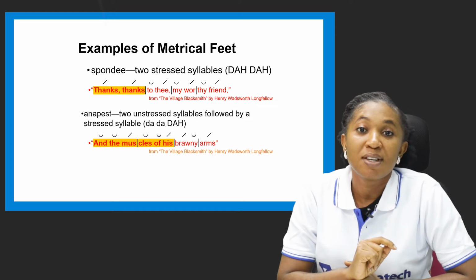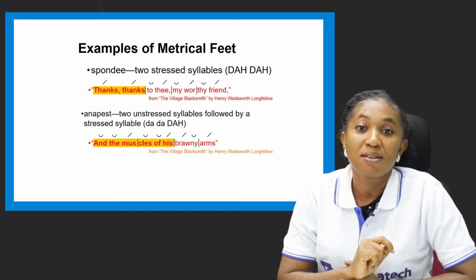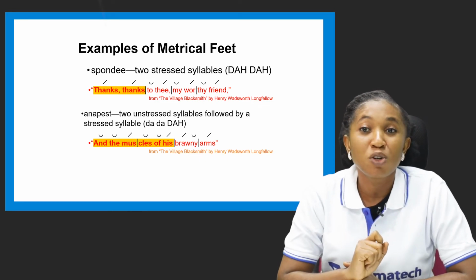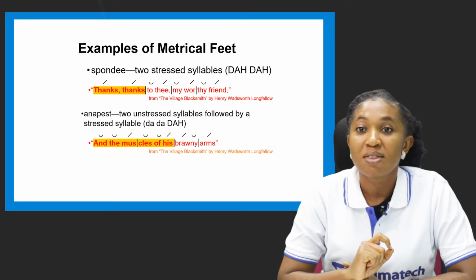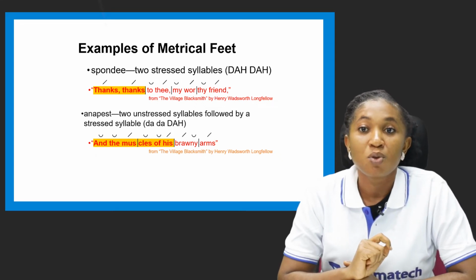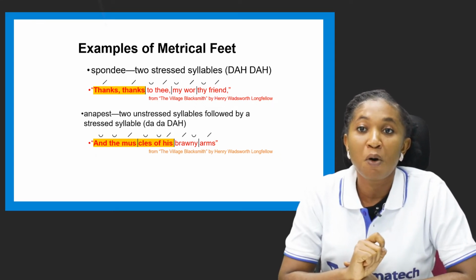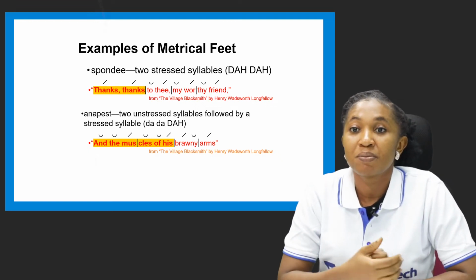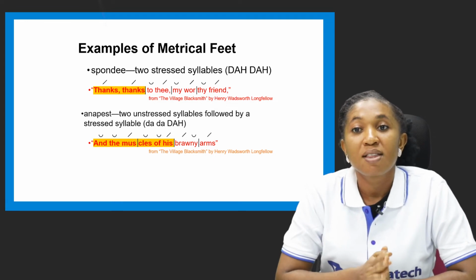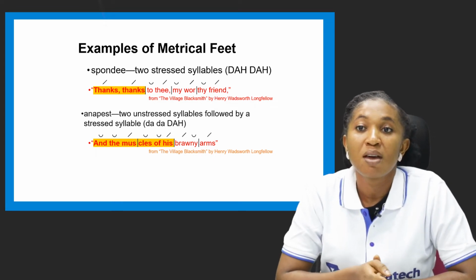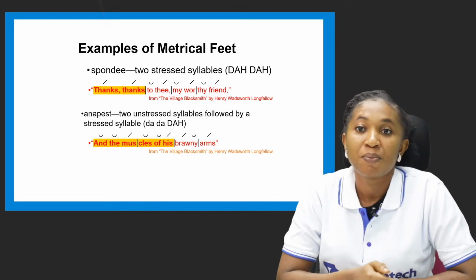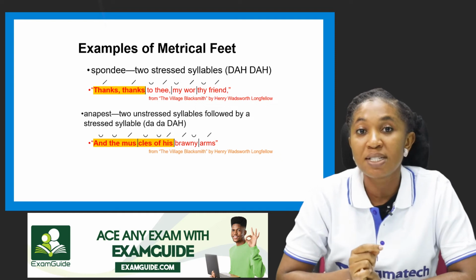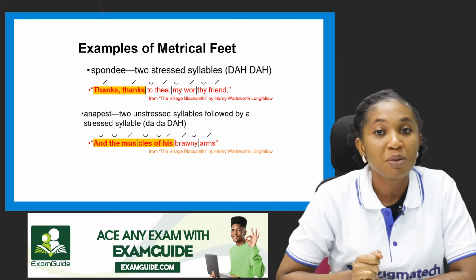For example, it goes this way: "thanks, thanks." Take note of the highlighted part on your screen. These 2 words form an example of spondee in poetry. So the line says, "Thanks, thanks to thee, my worthy friend." The first 2 words give us an example of a spondee.